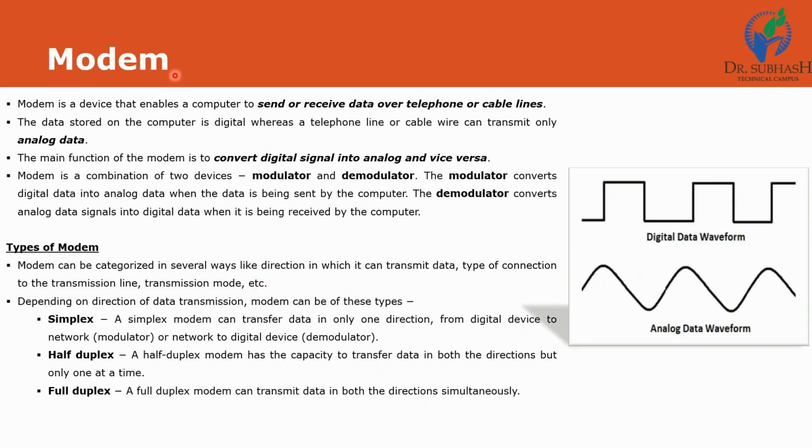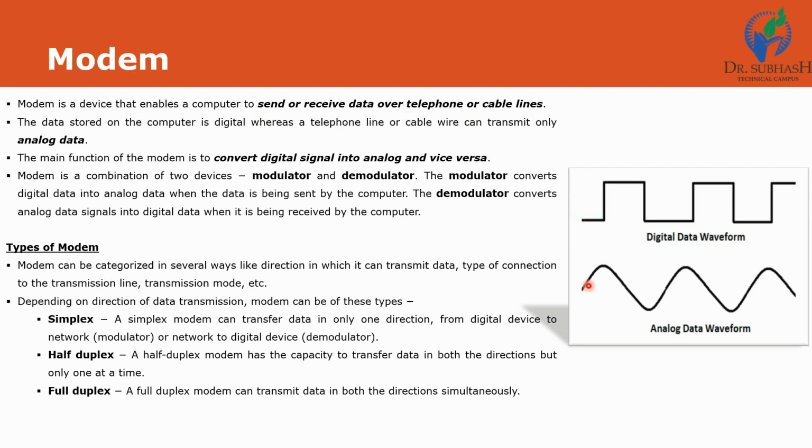Now the first one is the modem. What is the use of a modem? A modem is a device that enables a computer to send or receive data over telephone or cable lines. Whenever we are passing signals through the cable, we are using a modem.